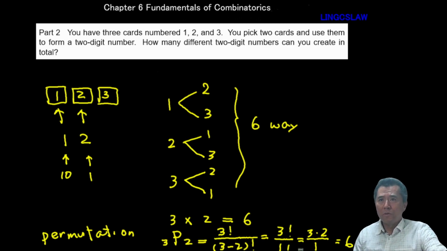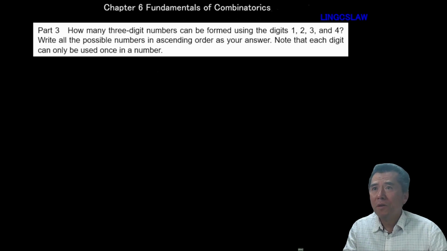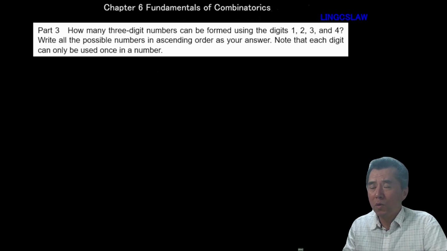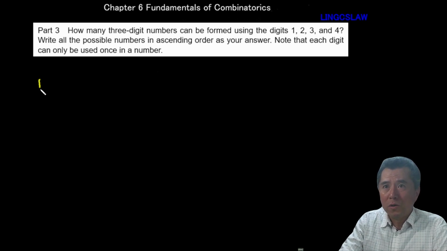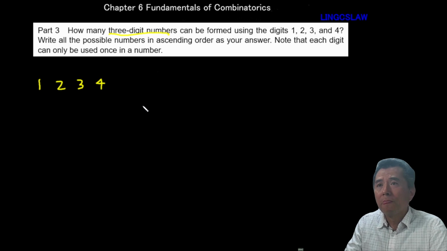Now let's go on to number 3, part 3. How many 3-digit numbers can be formed using the digits 1, 2, 3, 4? So with the digits 1, 2, 3, 4, you will create 3-digit numbers.